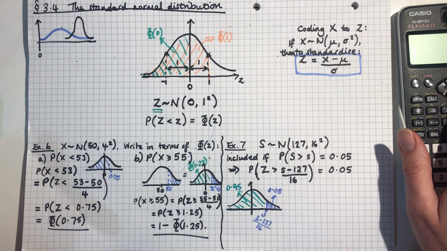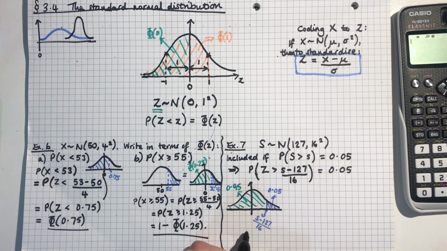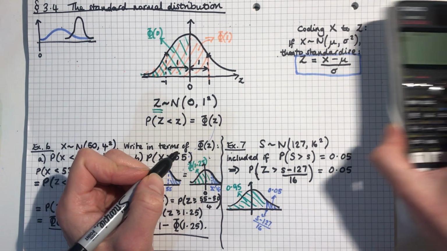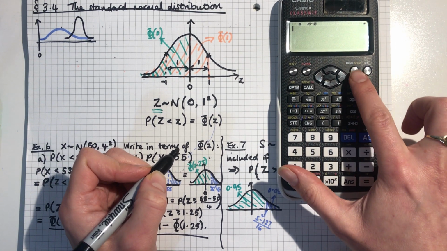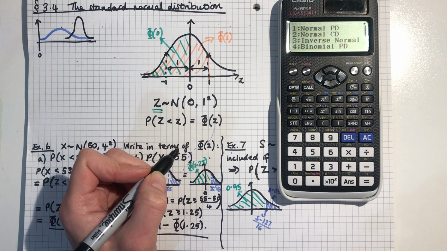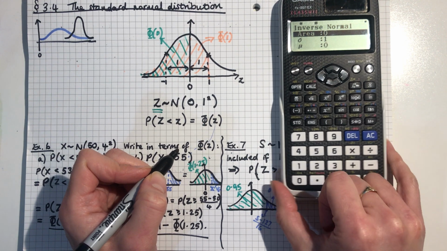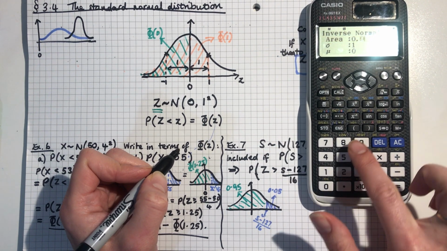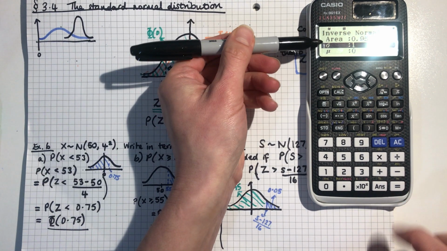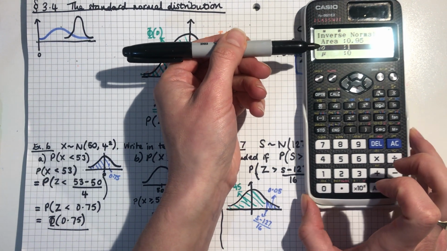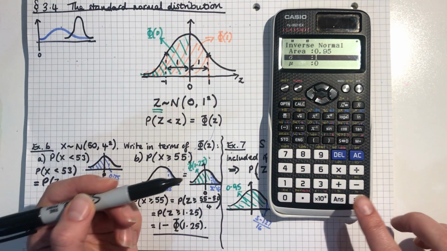So I'm going to use my inverse normal function to work out what this value is here for the standard normal distribution. So we'll go to option 7 and inverse normal, and my area is 0.95. We have already, it defaults to z because you'll see that sigma is 1 and mu is 0.